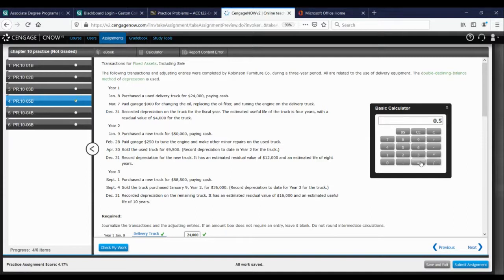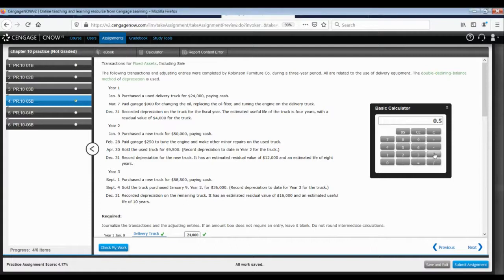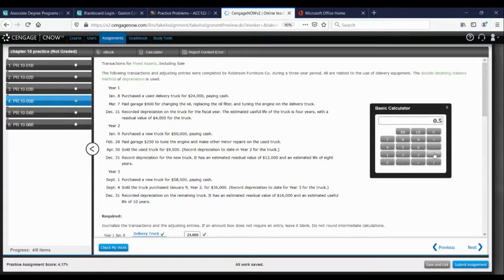You're going to take that twice the straight line rate, and you're going to multiply it by the book value of the asset in year 1. Remember, the book value of the asset is equal to the cost of the asset in year 1, as we've discussed previously. So the cost of the asset was $24,000. We're going to multiply that 50% times 24,000. And because this was a full year, there were a whole 12 months from January to December, we're going to record this as the amount of depreciation for $12,000.